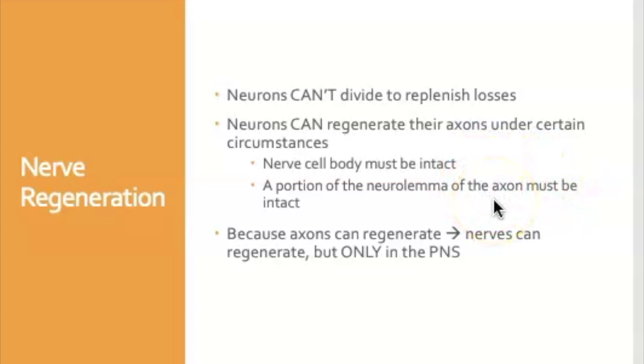That's fine too. But you must have at least the axon hillock membrane intact. If the nerve cell body and the axon hillock membrane are intact, the axon can be regrown, regenerated. And since axons can regenerate, that means nerves can regenerate. But, and this is critical, only in the peripheral nervous system.